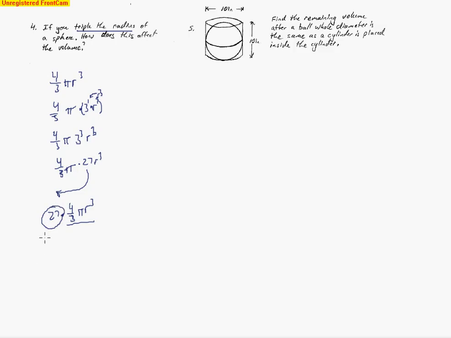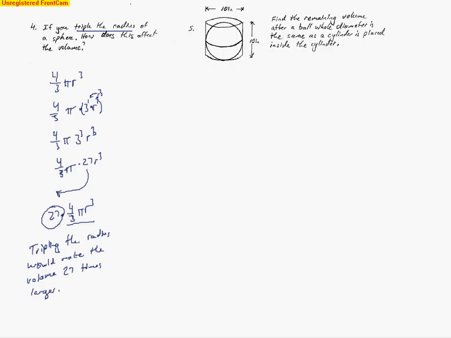I get 27 times larger. So tripling the radius would make the volume 27 times larger.